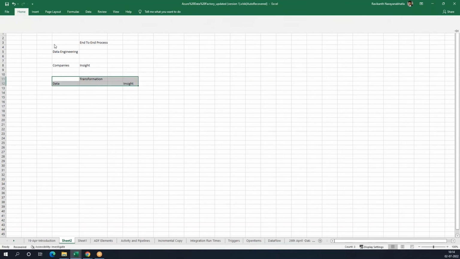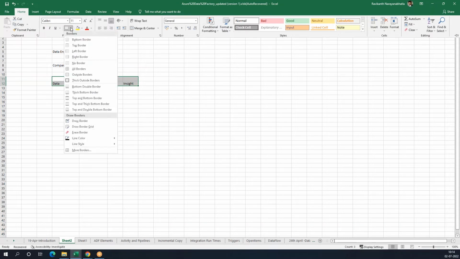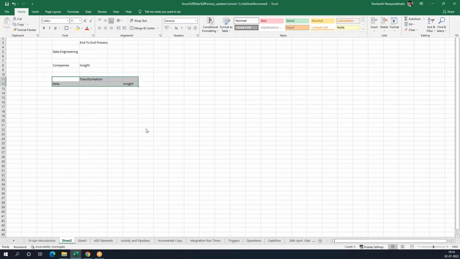You have to understand this fact: after learning some data engineering concept, what are you actually trying to achieve here?